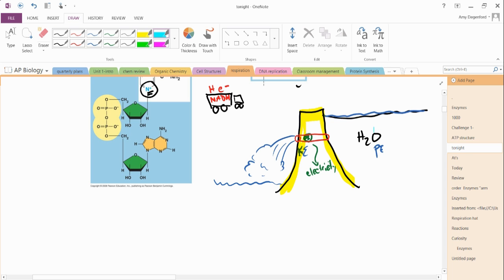Have we learned about anything that has a lot of something on one side and not a lot of something on the other side? And hopefully there might be a part of you that's like, oh, of course. A lot of something on one side and a lesser amount on the other side. And is there anything that we've learned about that lets things go through that barrier?